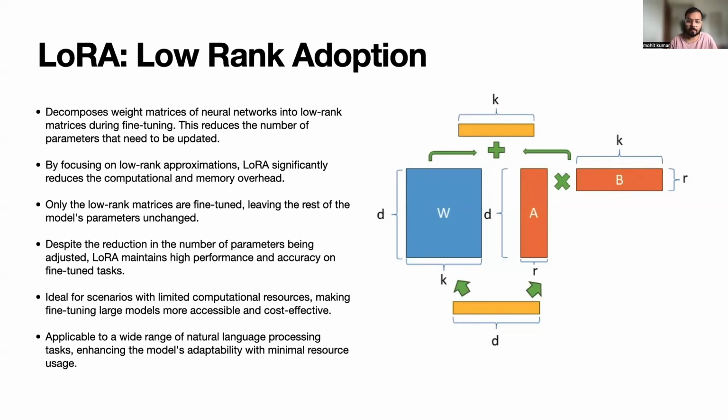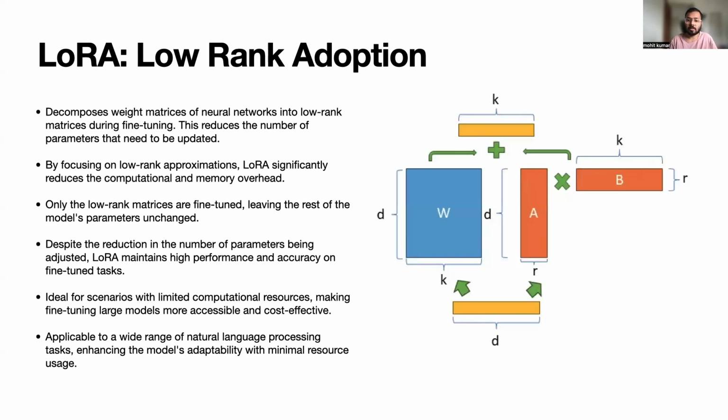Now, on top of these trainable weights, what low rank adaptation does is decompose this weight matrix into low rank matrices. Consider these two matrices A and B. Let's say A is of dimension d cross r and B is of dimension r cross k. Then the multiplication of these gives you a matrix of dimension d cross k, right?